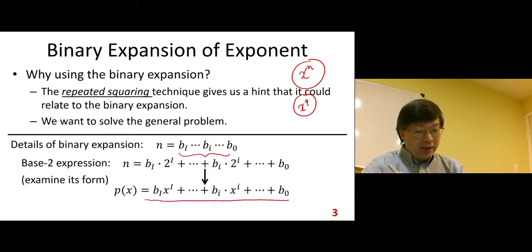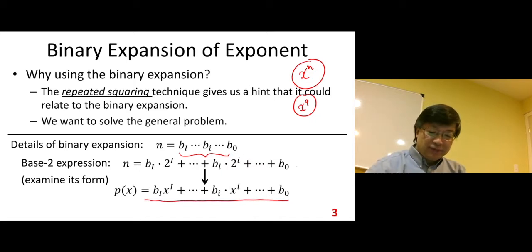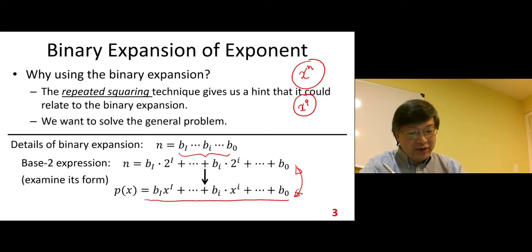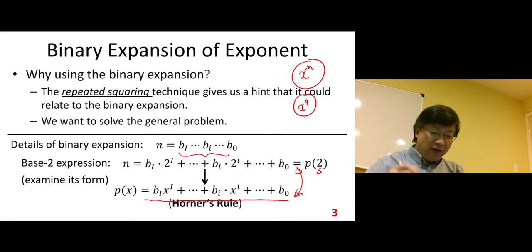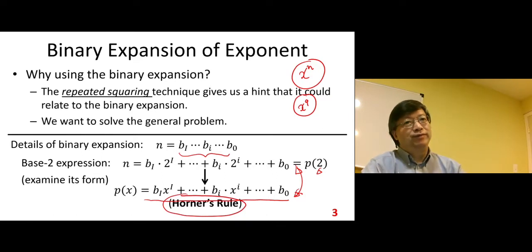Now you can see how close they are, right? So that n actually is a polynomial at a special value. So what special value? Value 2, p of 2. And for this polynomial, we have an efficient algorithm, Horner's rule.